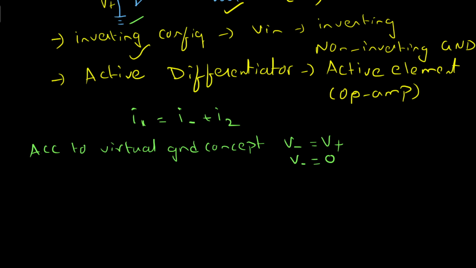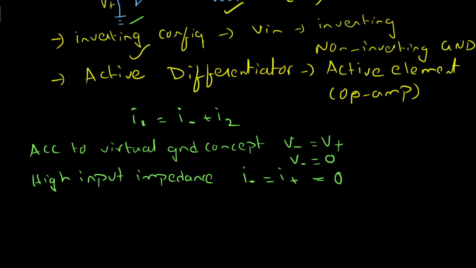V minus equals 0. And due to the high input impedance of the op amp, ideally infinite and practically 1 mega ohm, the current flow in the inverting terminal is equal to the current flow at the non-inverting terminal, equal to 0.